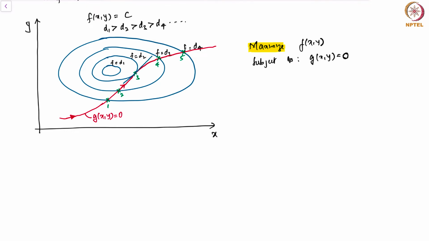Now what does a tangent mean? Let's say that the gradient for f is shown here. That's the gradient of f. It's a vector. And let's say the gradient of g is this. If both the curves have a common tangent, then the gradients have a relationship with each other.